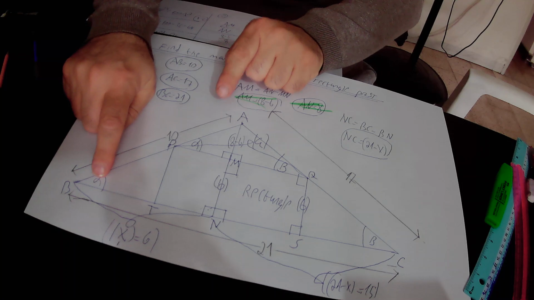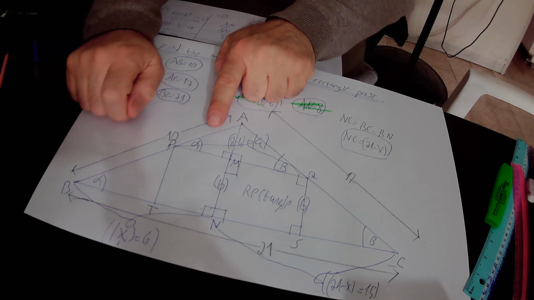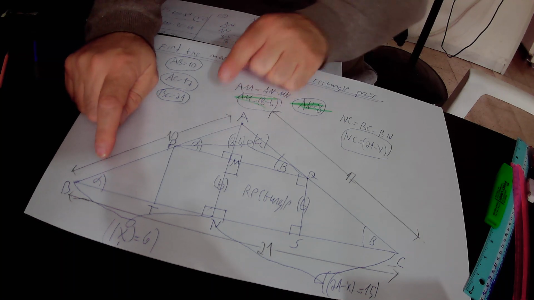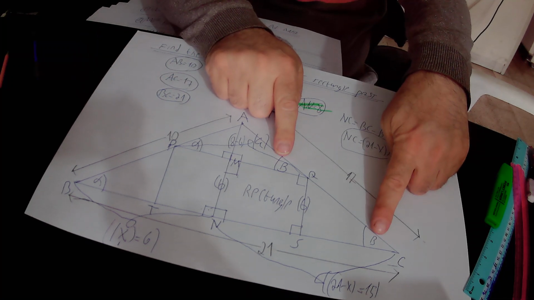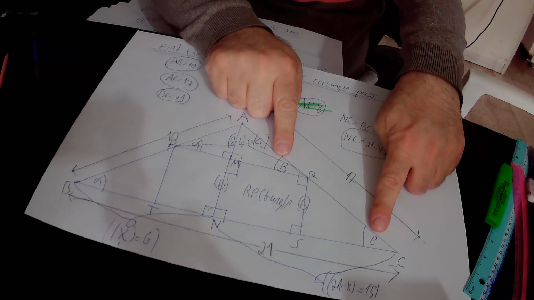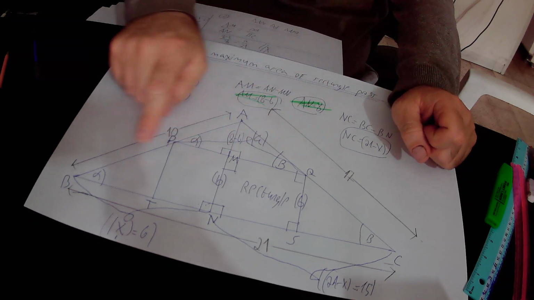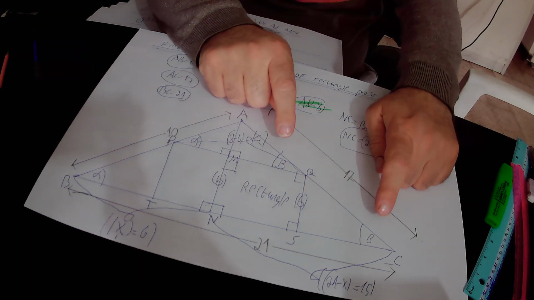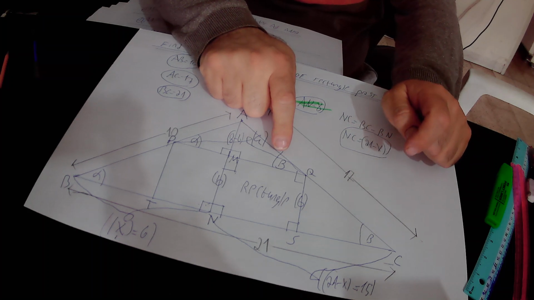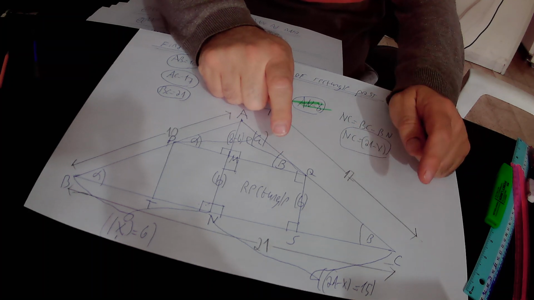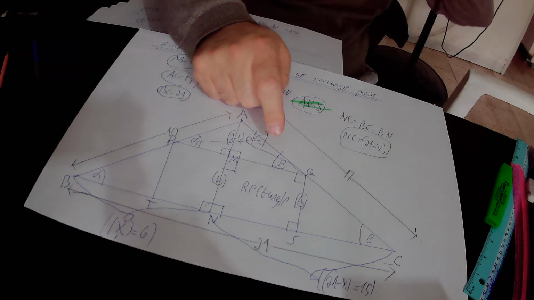If this angle is alpha, then this angle must also equal alpha. Likewise, these two angles are corresponding angles between the same parallel lines PQ and BC, so they are equal. If this angle is beta, then this angle must also equal beta.